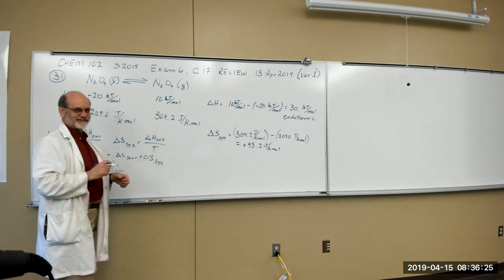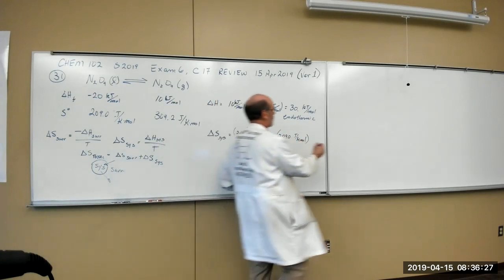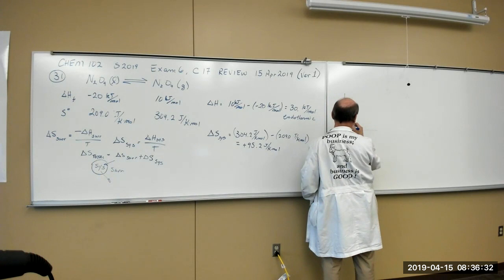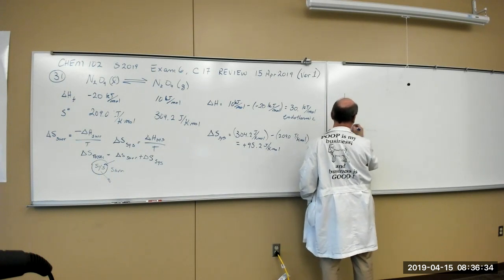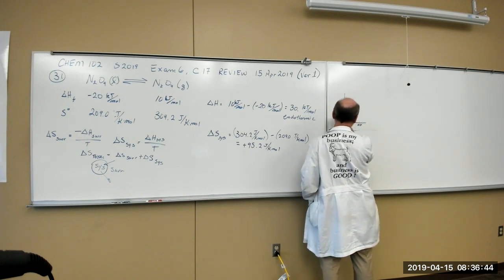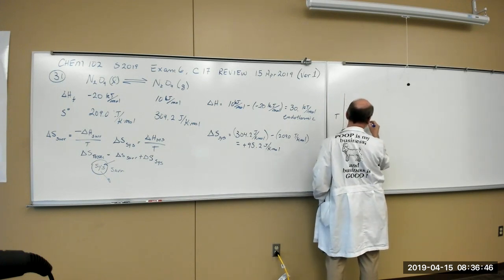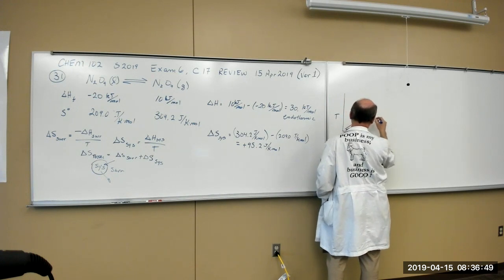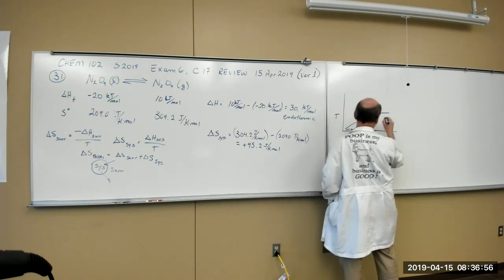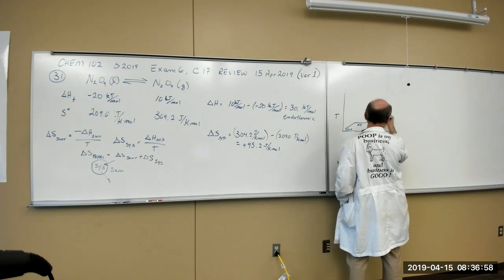Don't remember that? Our diagram for, let's see, if we have a solid until it reaches the melting point, then the temperature stays the same until we get rid of all the solid. Then it goes up again. This is liquid. And then at this point, it's our boiling point.